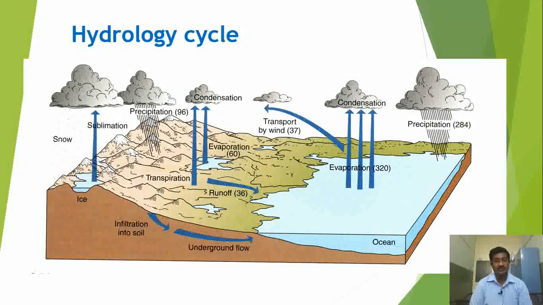For example, precipitation, transpiration, condensation, runoff, evaporation, transport, infiltration, and all these parts of the hydrological cycle we are going to study in depth, so that we can allocate the proper water to the fields.